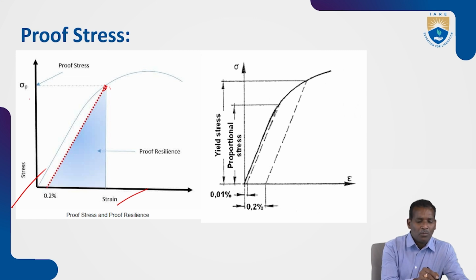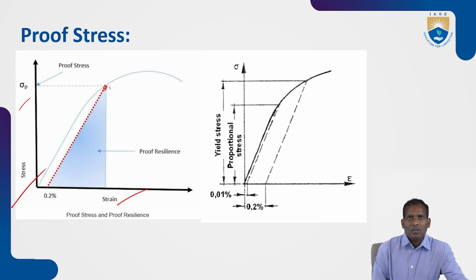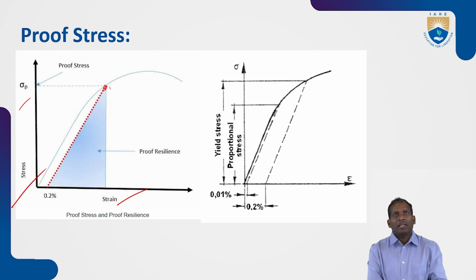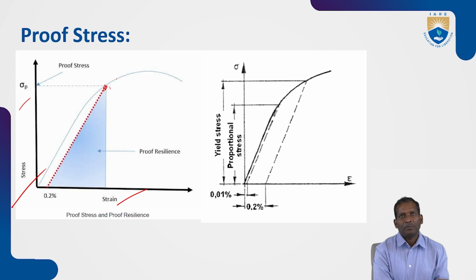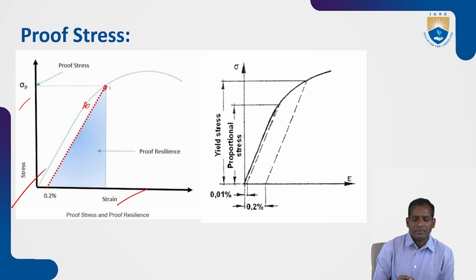At this point, the proof stress is shown here in the triangle. So the yield stress occurs at this point, the upper yield point, and then the proof stress, or that is the proportional stress up to the elastic limit, is shown in this diagram.